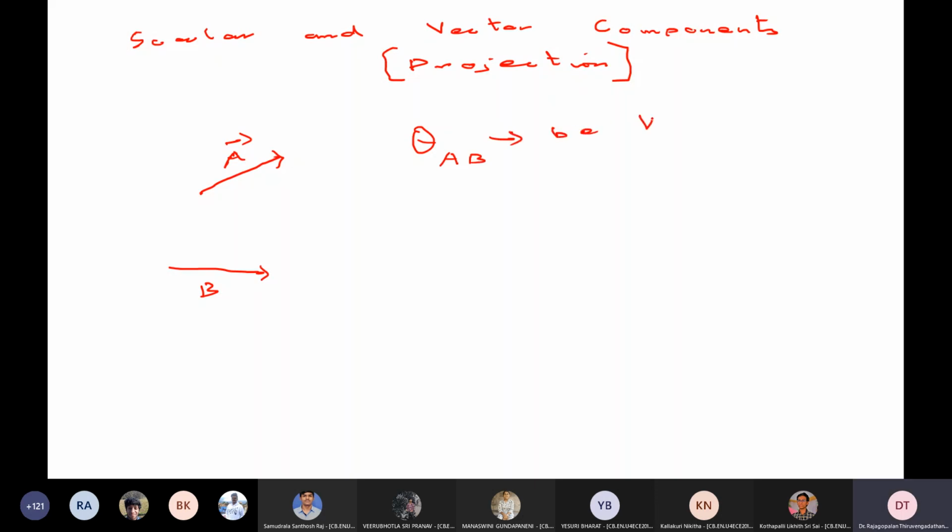The angle between vector A and vector B is theta AB.